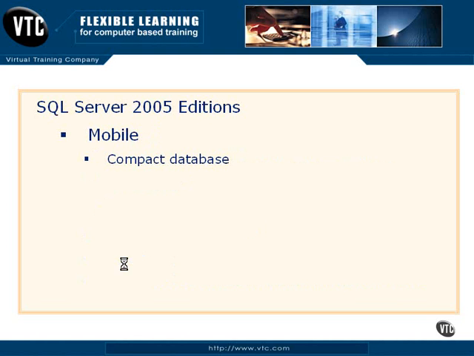There's also a Mobile Edition of SQL Server 2005, and this is a more compact database, with a little bit less functionality, more limited functionality, I should say. But here's the big thing. Notice this is designed to behave and replicate with SQL 2000 and SQL 2005. Now, in an earlier video in this course, I talked about the various versions and the history of SQL Server.